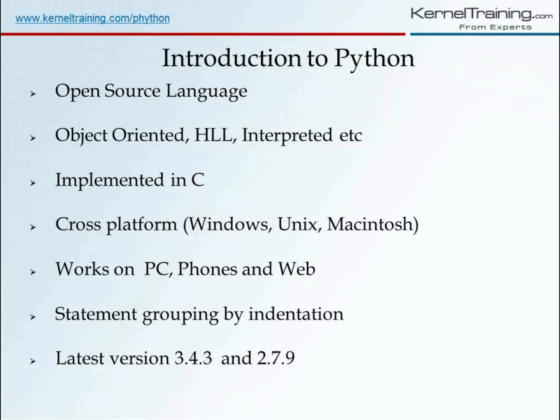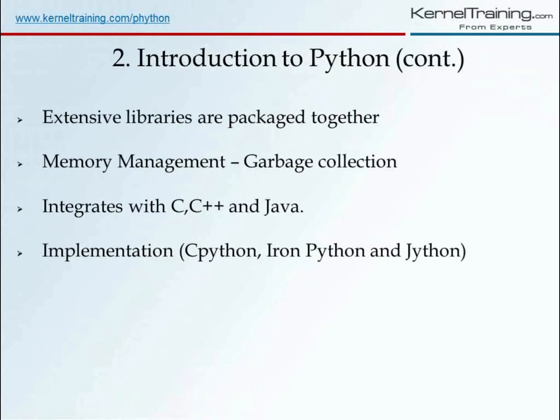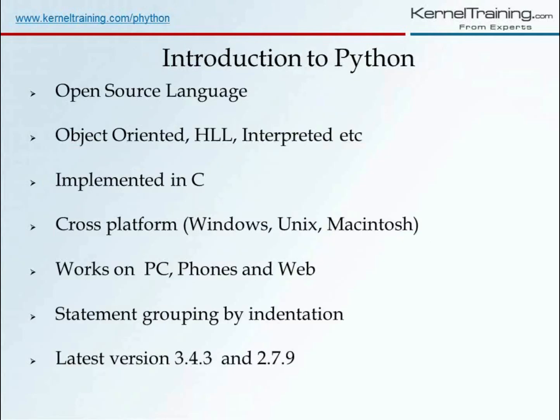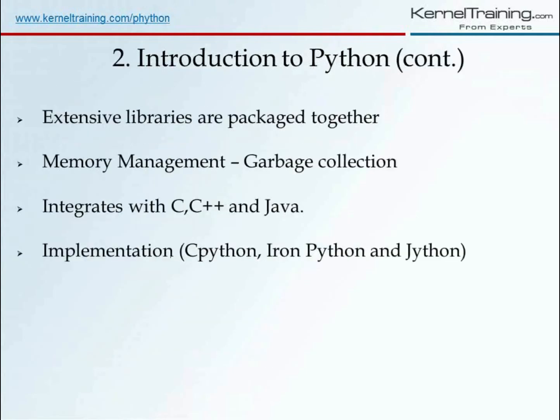Now you see here the latest version. We have two branches of Python currently operational. The latest one is 3.4x and the earlier one was 2.7. The 2.7 is currently vastly used because the APIs and the libraries are mostly developed using 2.7x.